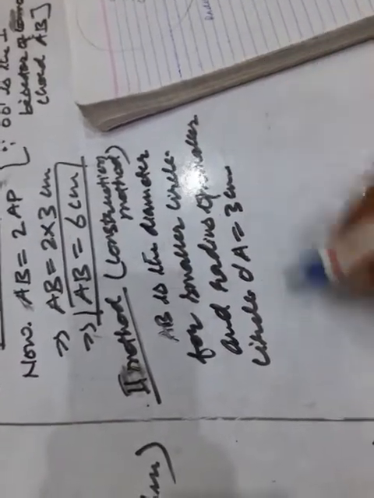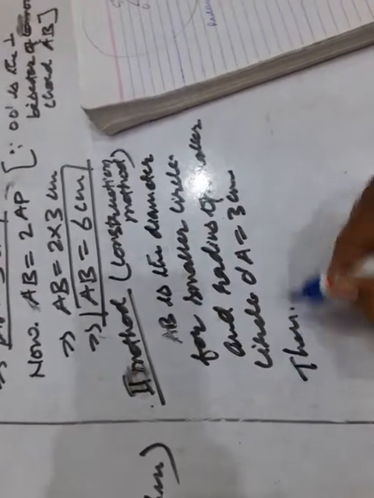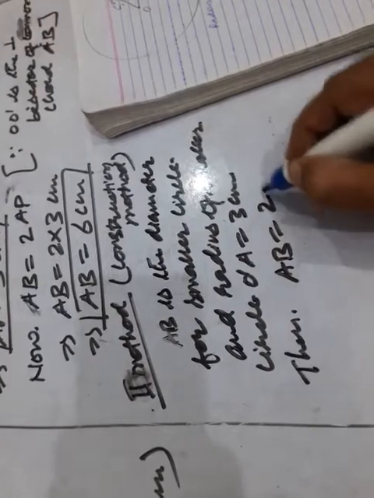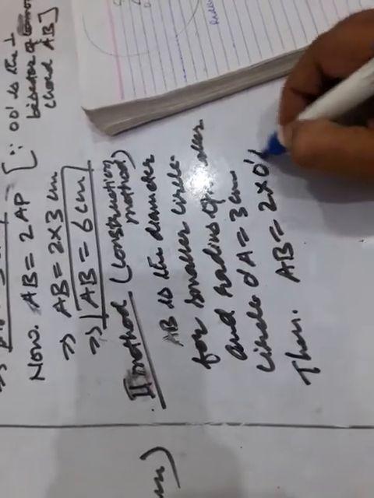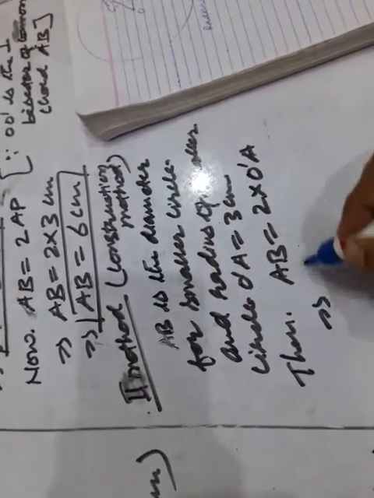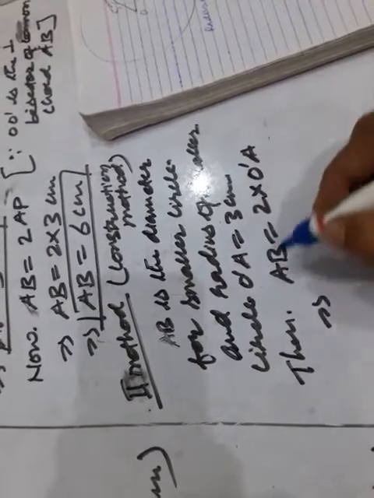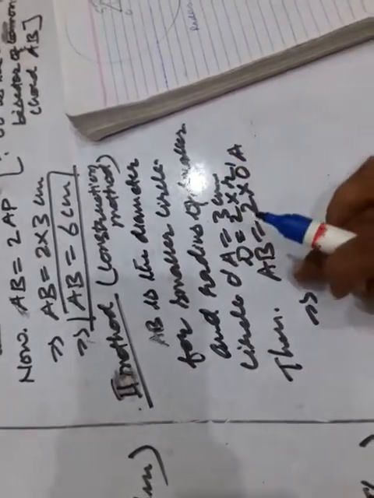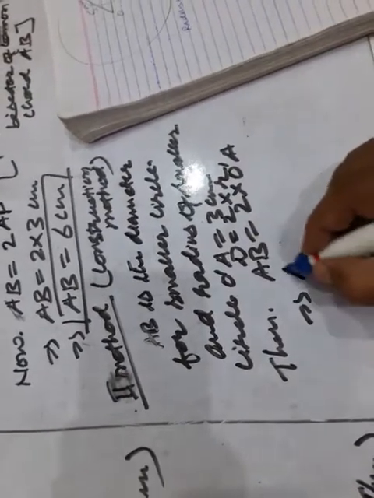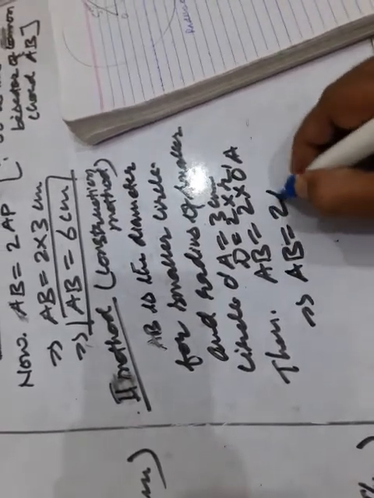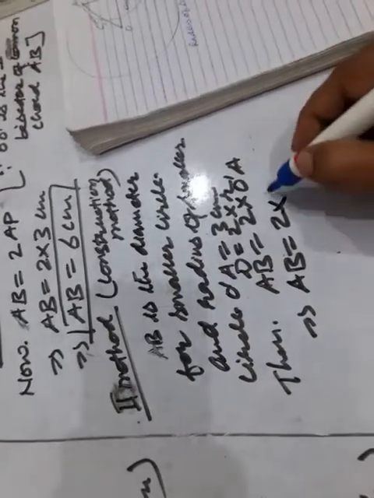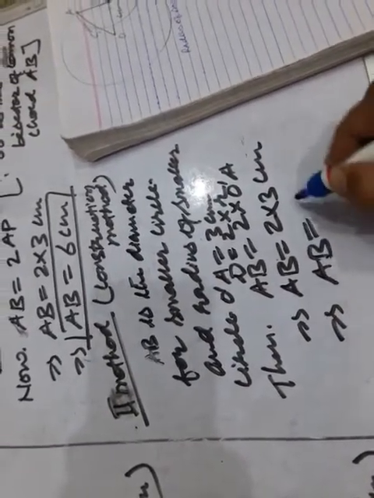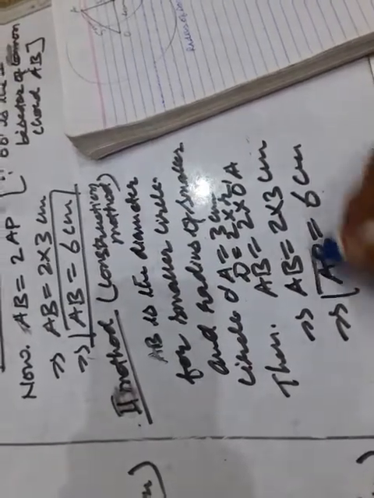Okay children, then AB equal to 2 into O dash A. This implies the diameter. What is this? Diameter D equal to 2 into R. That is AB equal to 2 into O dash A, where O dash A is the radius, that is 3 centimeter. This implies AB equal to 2 into 3, which is 6 centimeter, and that is what we have to find.